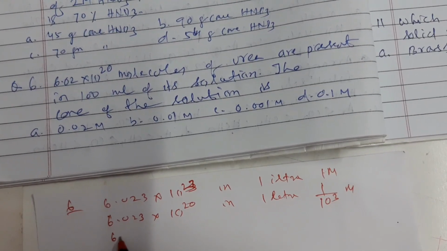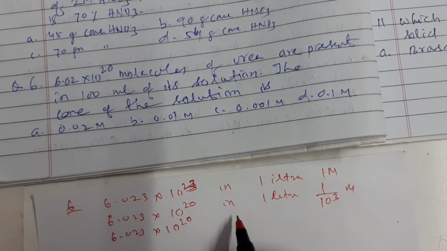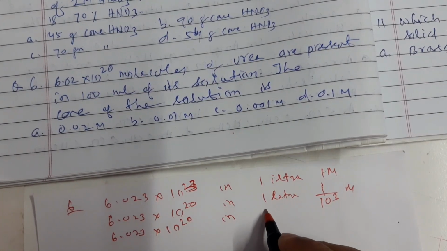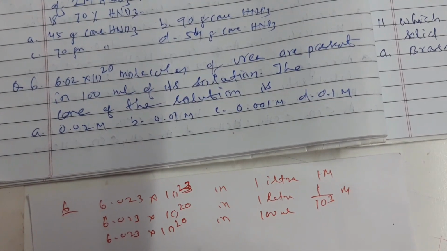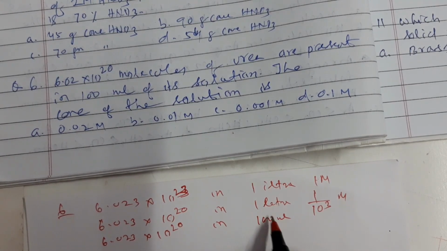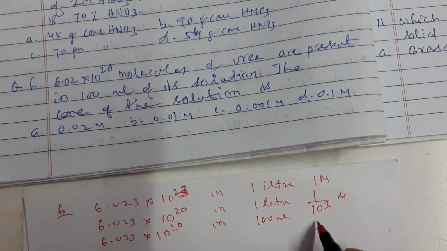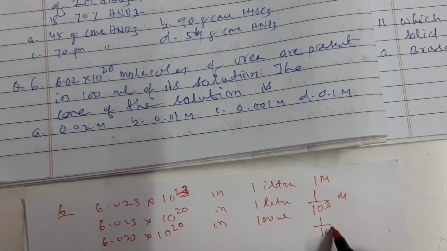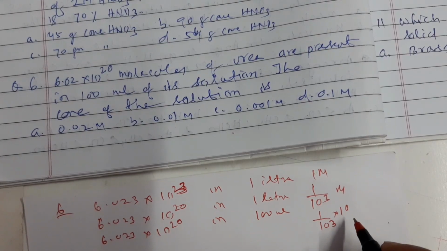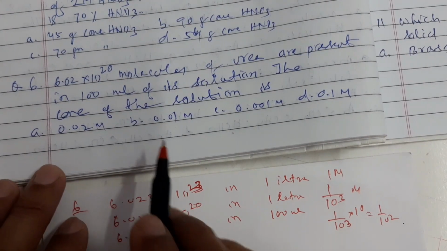Then 6.023 multiplied by 10 to the power 20 molecules in 100 ml. For 1 liter, the difference is 10 times; 1 liter is 10 times of 100 ml. So you will get 1 by 10 to the power 3 multiplied by 10. Again you will get 1 by 10 to the power 2. So your answer is B.